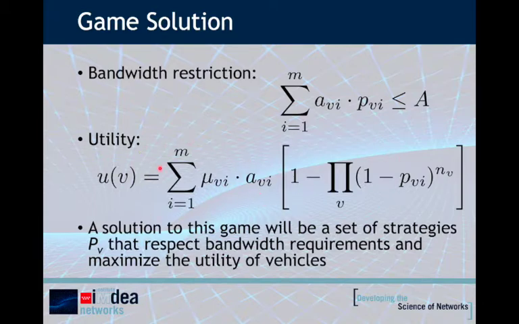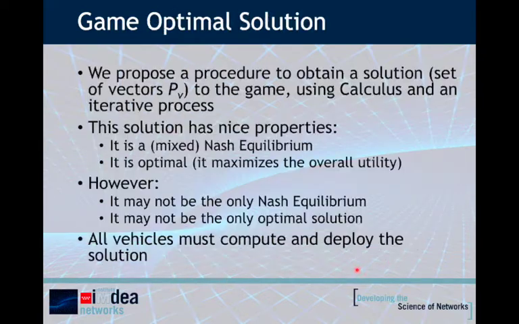Summing over all the impact levels, we get the utility of a vehicle using privacy level V. As we said, the solution of this game will be a set of strategies P_V that respect these bandwidth requirements and maximize the utility of vehicles.